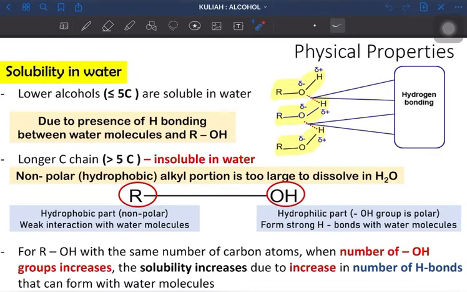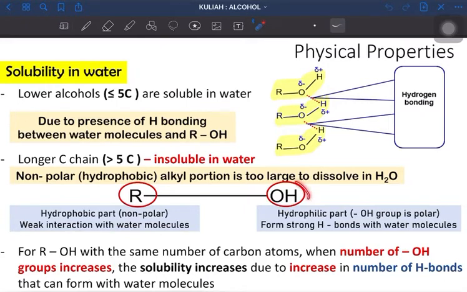Okay, dia non-polar. Okay, so bila dia terlalu panjang, okay, bila kita punya hydrophobic part of alkyl group kita terlalu panjang, dia makin susah untuk alkohol tu dissolve dalam water. Okay, so kita kata kat sini, hydrophobic part which is the non-polar, which is our alkyl group, dia ada weak interaction with water molecule. So lagi panjang dia, lagi susah lah dia nak dissolve.